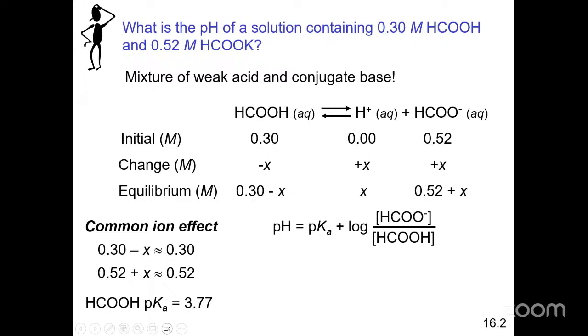Once you do minus log of that, you're going to get 3.77, right? So basically, you just plug all the numbers in, and according to the calculation here, the resulting pH of this solution is going to be 4.01, all right? So that's basically how you would calculate the pH of this solution using the Henderson-Hasselbalch equation, all right?